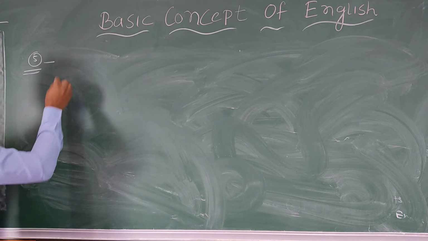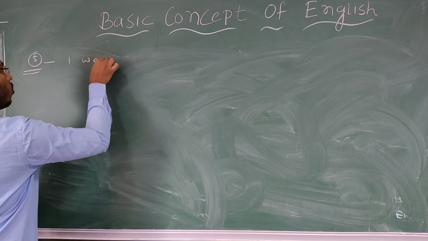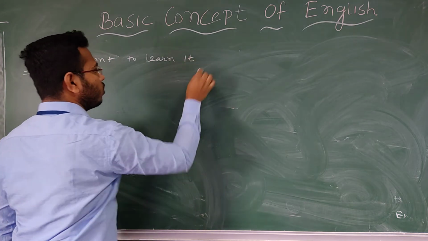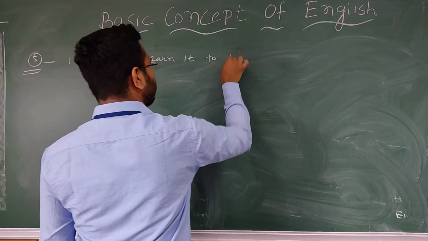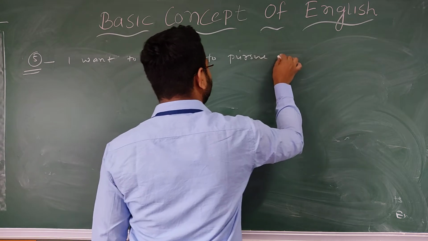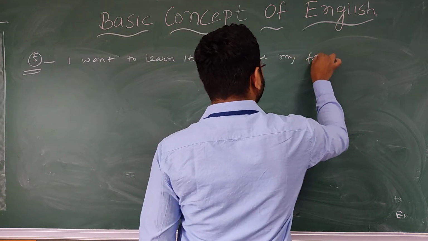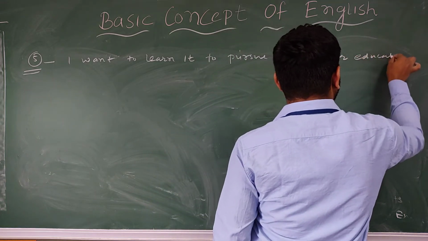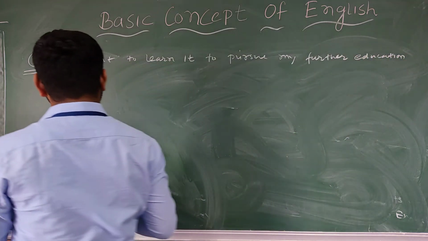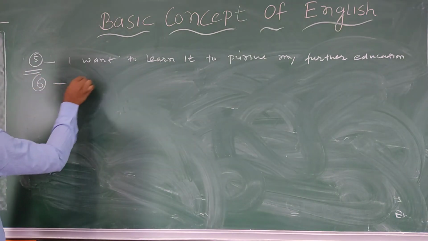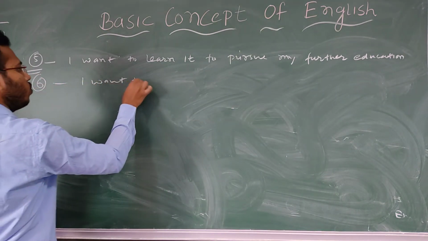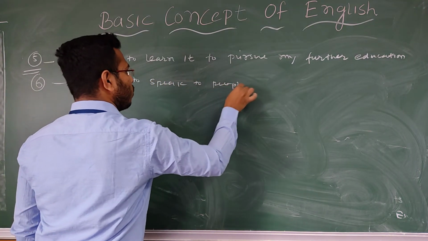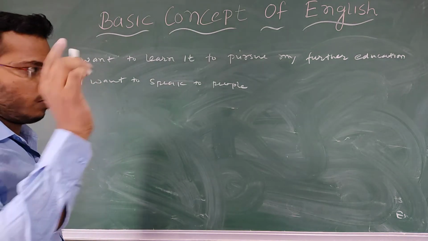We can say, for example, I want to learn it to pursue my further education. You can say I want to speak to people all over the world, and don't think this is the same as what we earlier made.